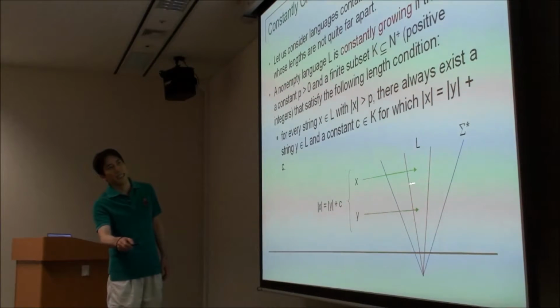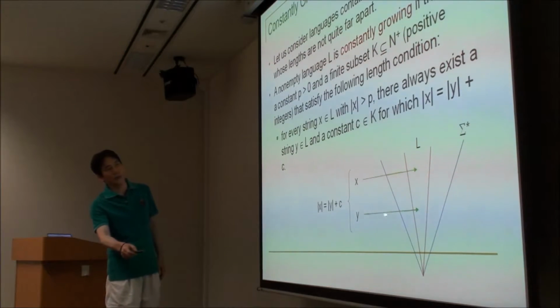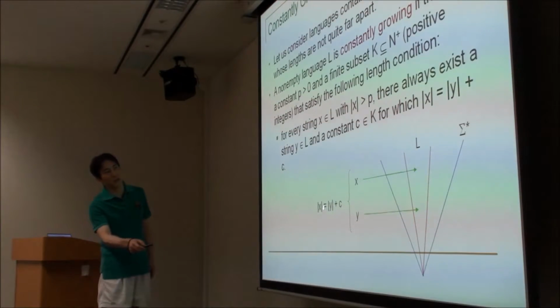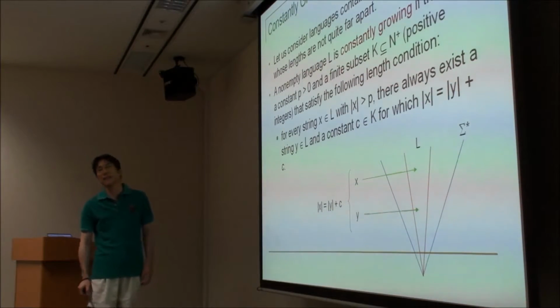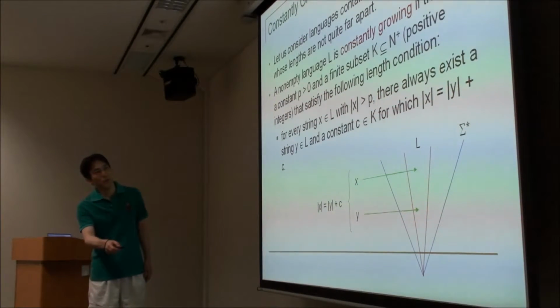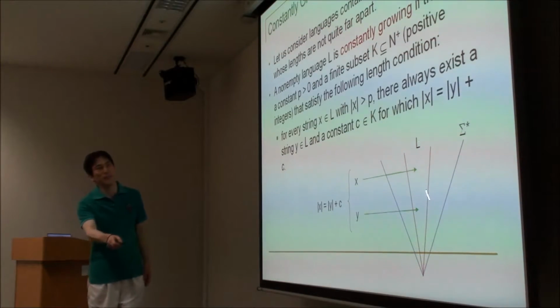Take any string x of a certain length in L. Then we can always find a string y in L such that the length of y is equal to the length of x minus c, where c is taken from this finite set K. So we can always find a slightly smaller string within L.